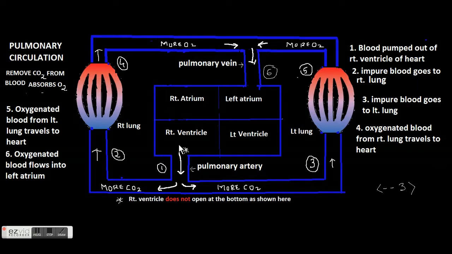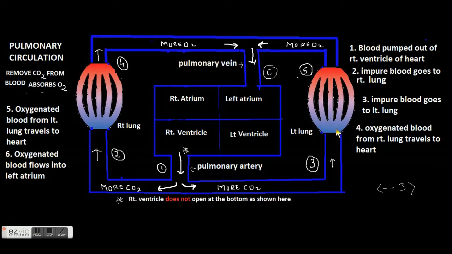Then point number 2, on your left side, impure blood goes to right lung. That means blood full of carbon dioxide and less of oxygen goes to right lung. Then point number 3, on your right side, impure blood goes to left lung, because there are two lungs.